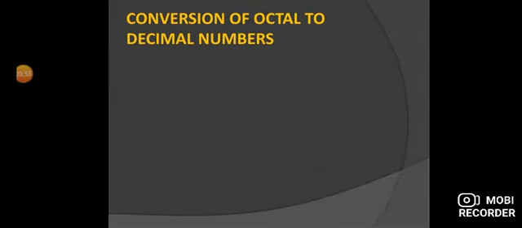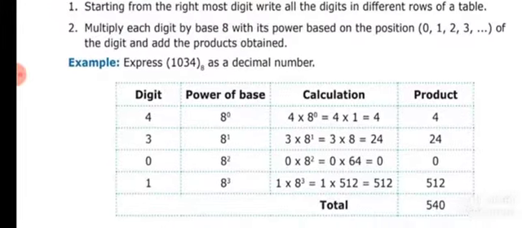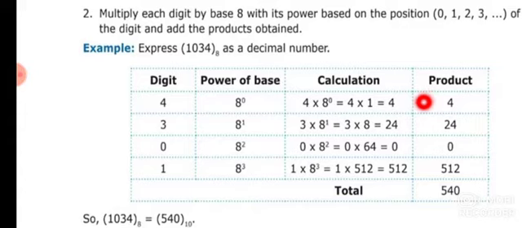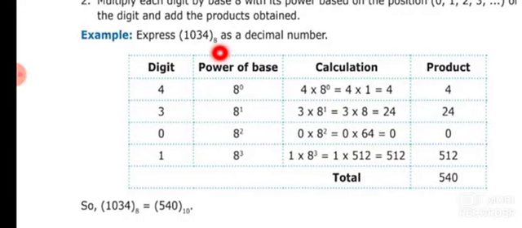Now next conversion is how to convert an octal number to a decimal number. In this we use the multiplication method. We make a table like this with 4 columns: digit, power of base, calculation and product. Now in this we take 1034 as an octal number and we will write it from right to left in the digit column. First we will write 4, then 3, then 0, then 1.